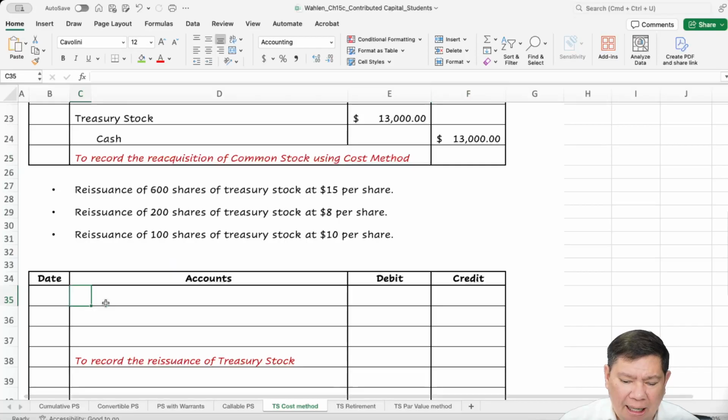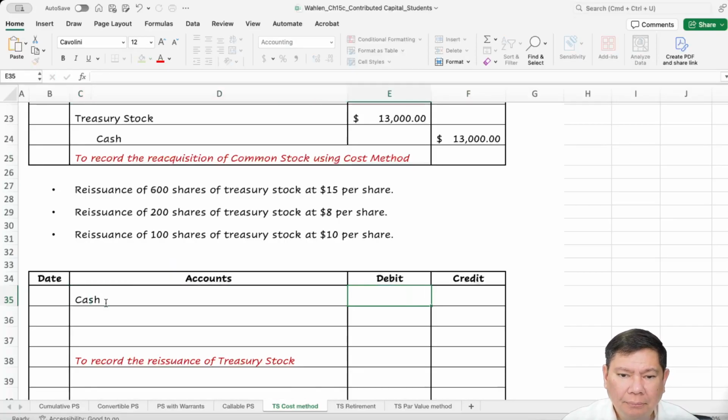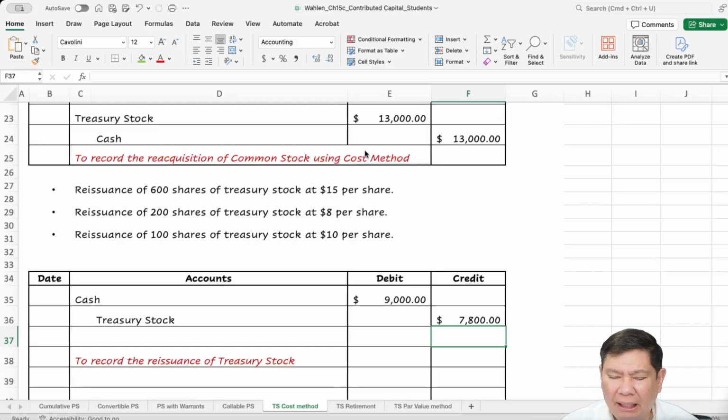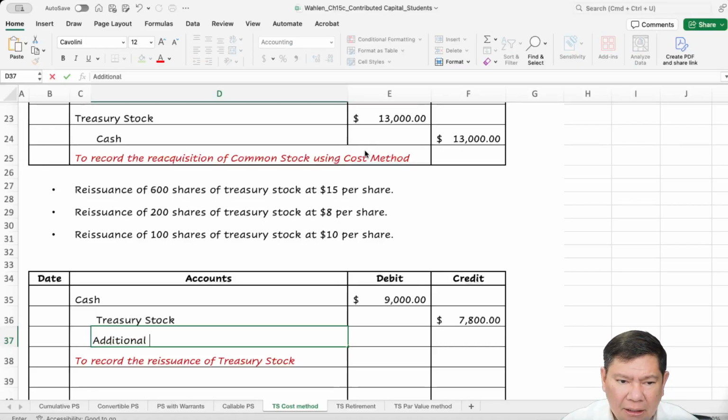So they're going to get cash, 600 times 15, and then the treasury stock will go down by 600 times 13, because the cost was 13. Okay, 7,800. Now the difference is going to be called additional paid in capital from treasury stock.